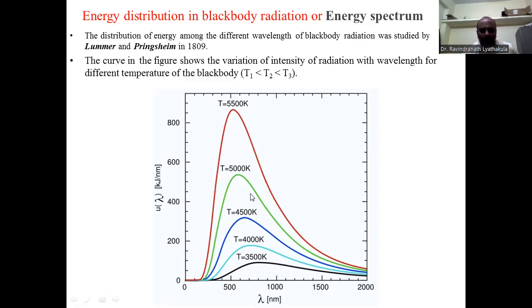Another observation is that at a given temperature, the area between the curve and the x-axis, the wavelength axis, gives the total energy emitted by the radiation. When the temperature increases, the area covered under the curve and the lambda axis also increases.